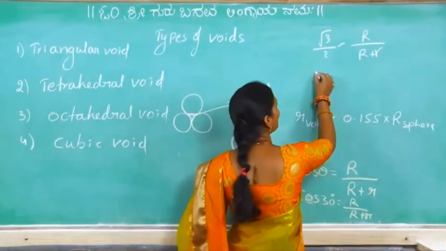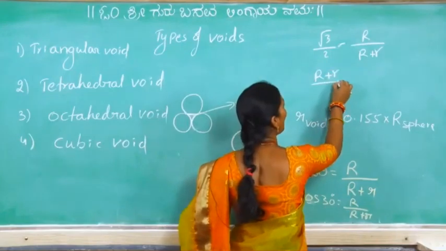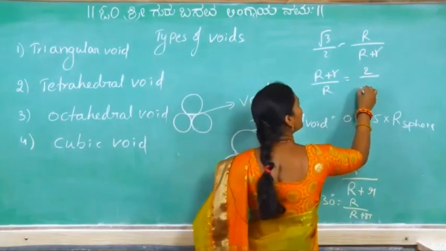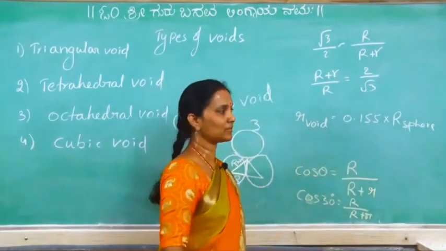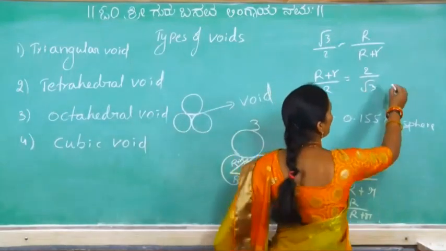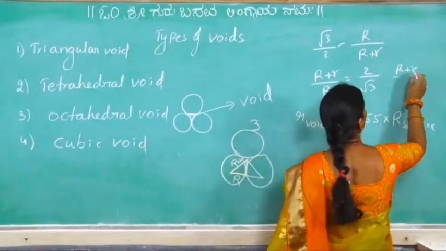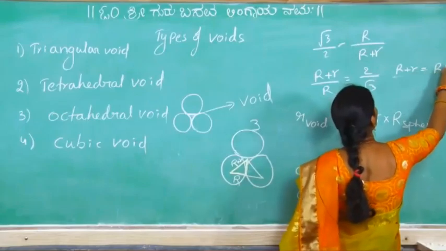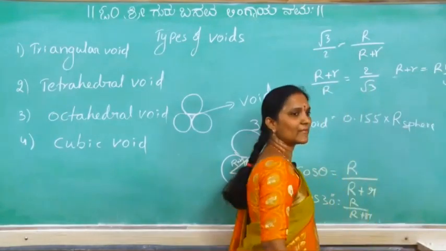Now reverse this one. R plus r by R is equal to 2 by root 3. Now shift this R this side. R plus r equal to R into 2 by root 3. Yes or no?